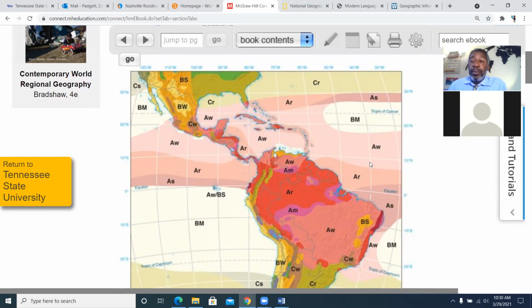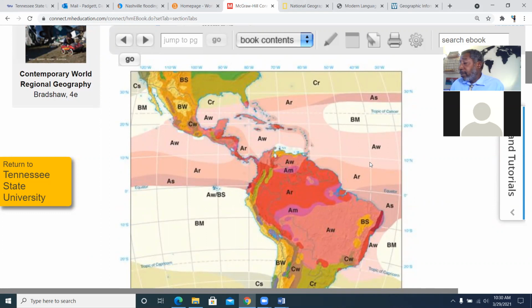Notice that as opposed to North America, which was a diverse mix of C and D climates mostly, with some existence of A climates, but only really in Hawaii and southern Florida, those tropical climates, for Latin America and the Caribbean the A climate types are dominant.